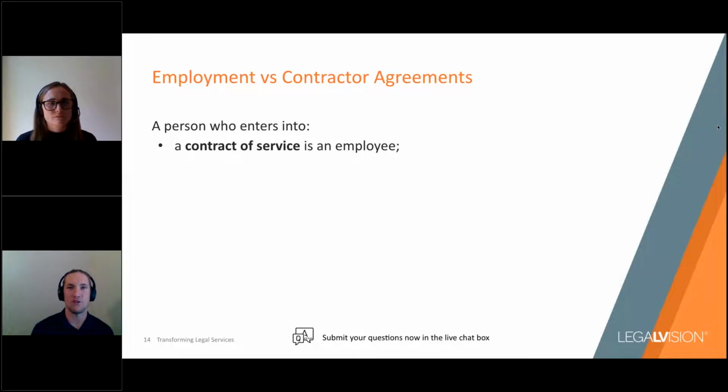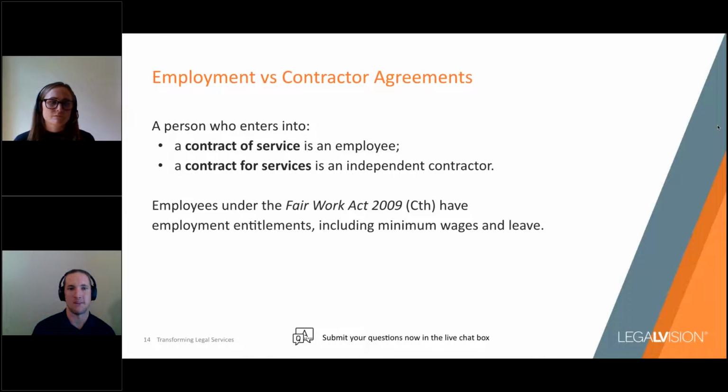Whereas a contractor agreement is just a commercial contract between a business and an independent contractor. So they could be a sole trader, or an individual, or just another company. Now, as I mentioned, the Fair Work Act covers employment agreements, but it doesn't cover contractor agreements.